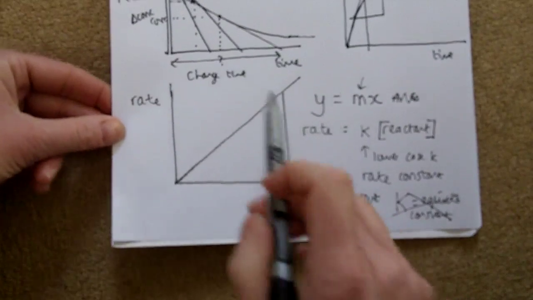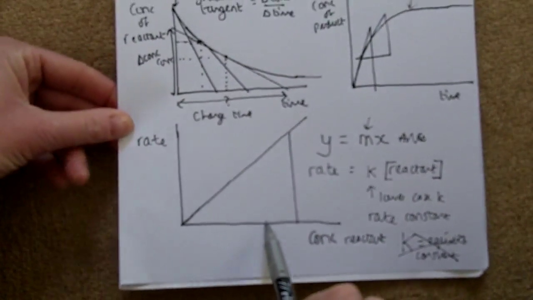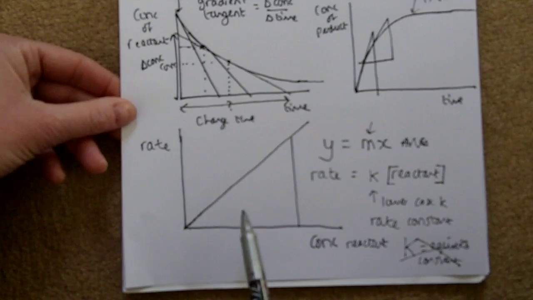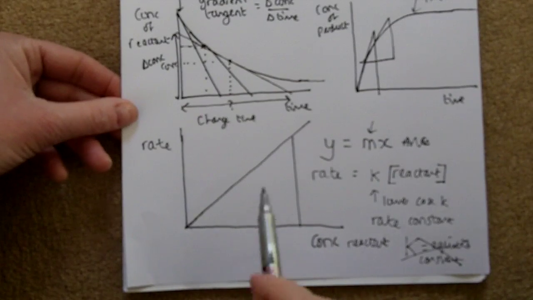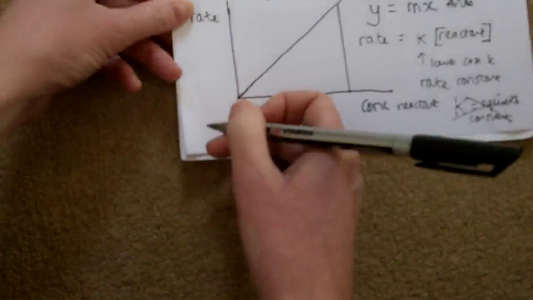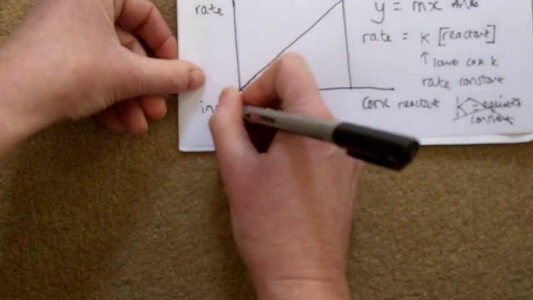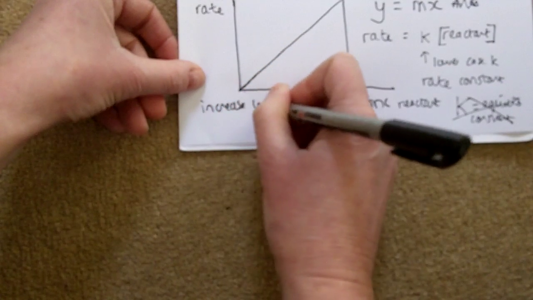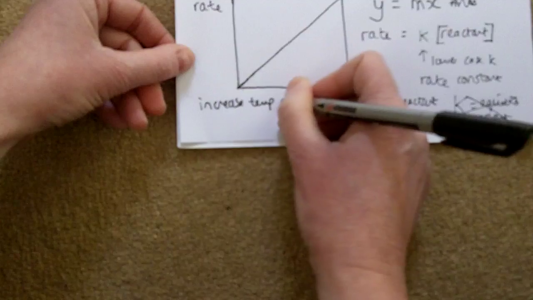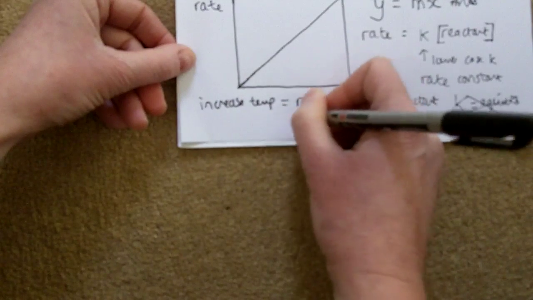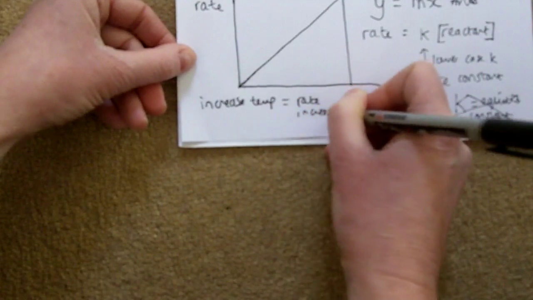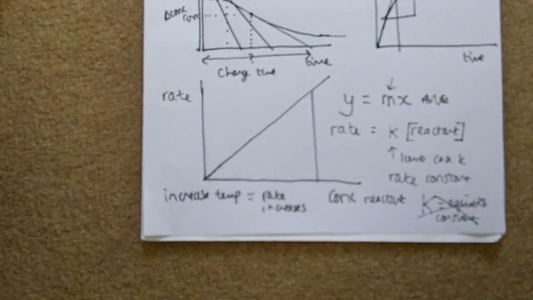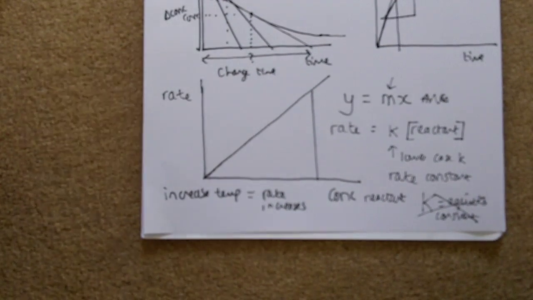Right, now if we increase the temperature of this reaction, what happens to the rate of reaction? Well, we know that the rate increases. Yeah, more particles have the minimum activation energy.